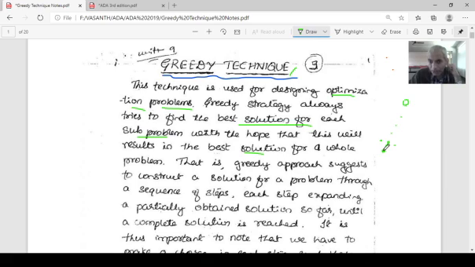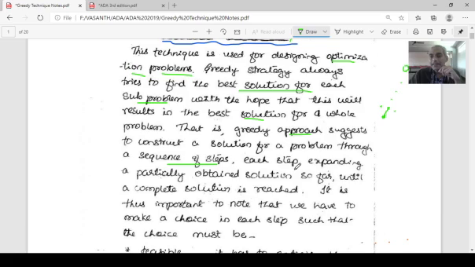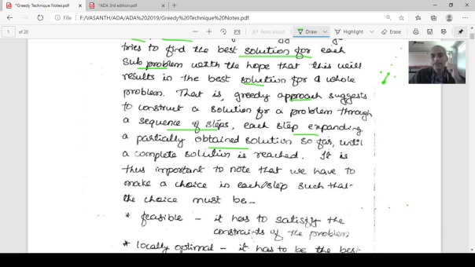At this moment, you select this as your best solution, and from here you try to go to the goal. So the greedy approach suggests constructing a solution for the subproblem through a sequence of steps, and each step expands a partially obtained solution. So we have a partially obtained solution until we reach the final state.